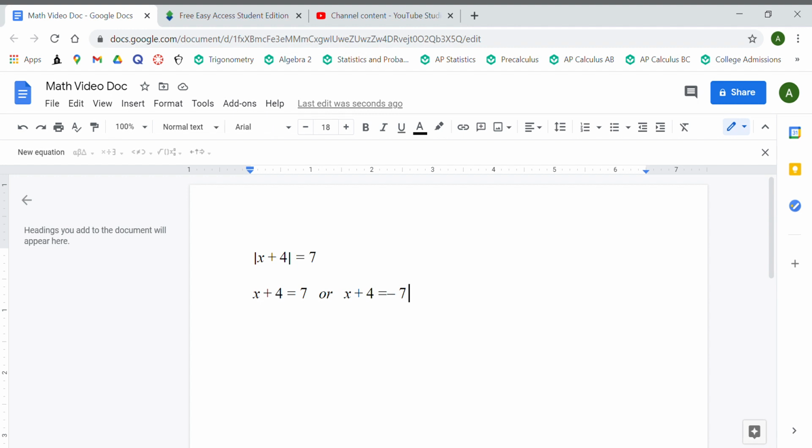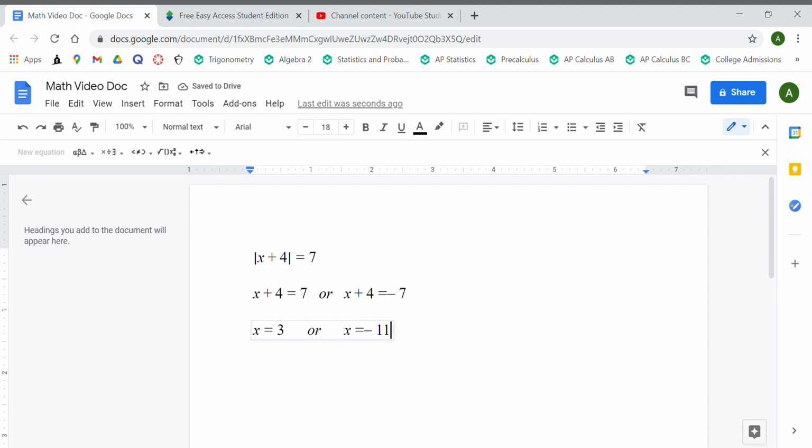Alright? So, you know how to solve these, don't you? Hopefully you do. And if you don't, you have to subtract 4 on both sides for both equations. For this side, you should have x equals 3. And for this side, you should have x equals -11.